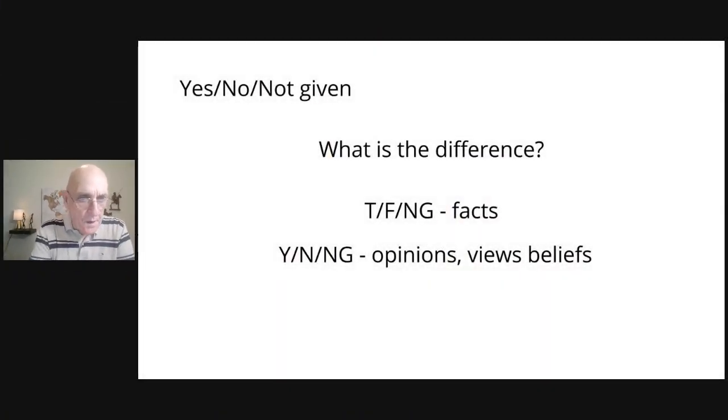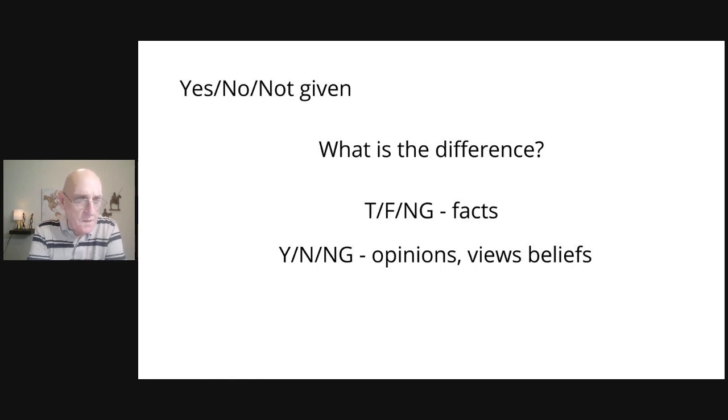In true, false, not given, the emphasis is on identifying whether the facts are true or the facts are false, or there's no information given about facts. The slight difference with yes, no, not given is that the emphasis is more on the opinions and the views or beliefs of the writer of the passage.